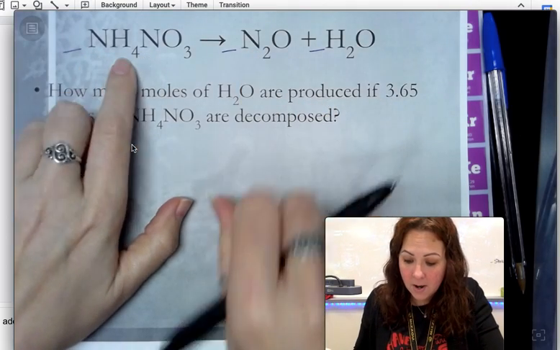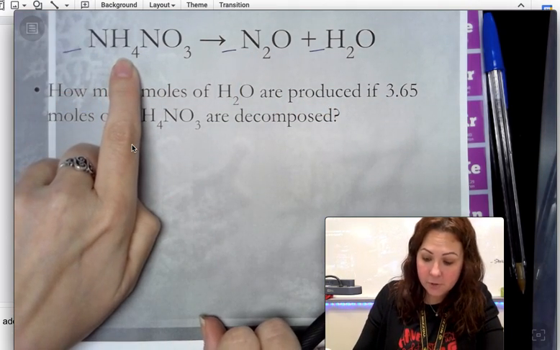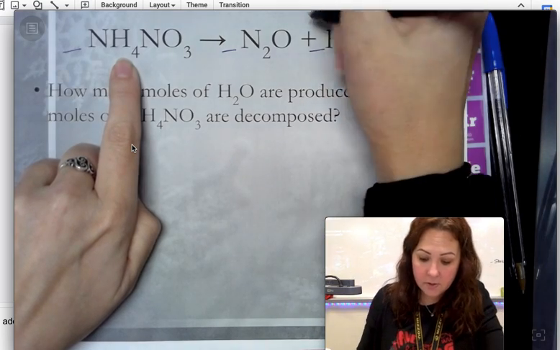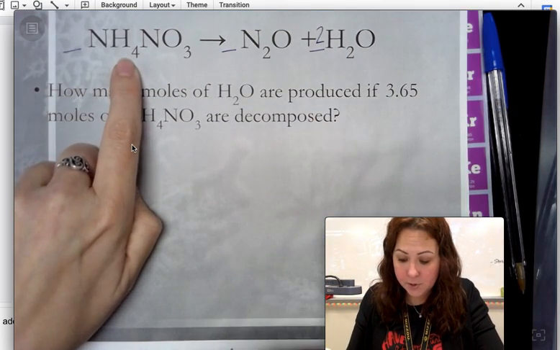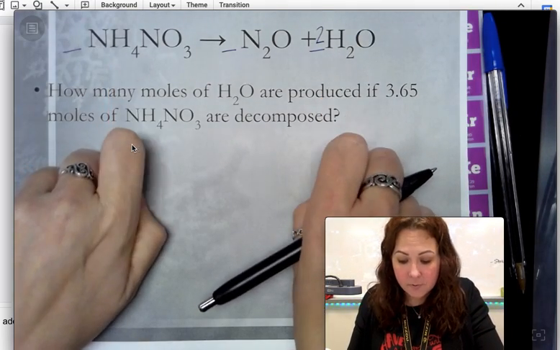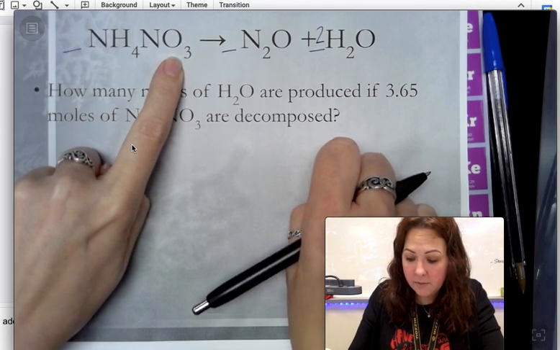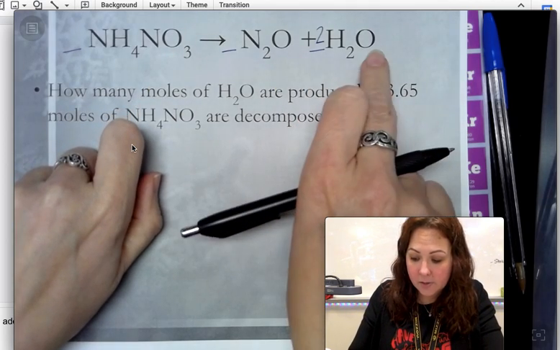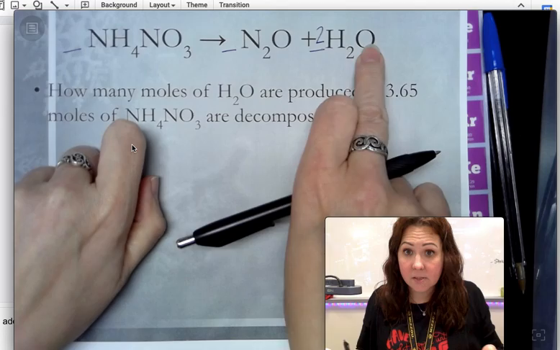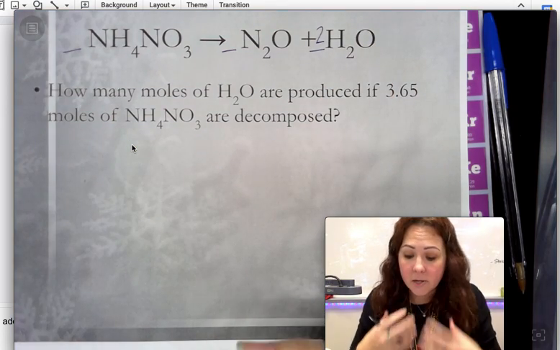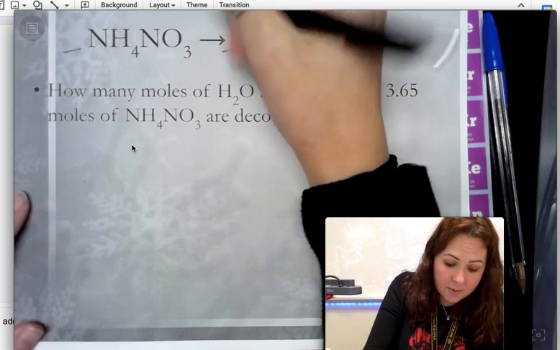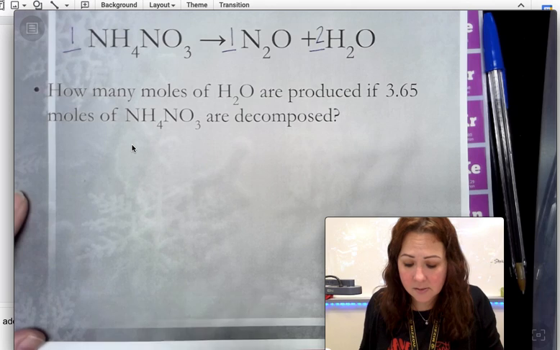I have 4 hydrogen, I need 4 hydrogen over here. So if I put a 2 right there, that gives me 4 hydrogen and 4 hydrogen. My oxygen, I have 3, and over here I have 1, and then there's 2 right here, because that 2 times 1 is 3. So that's a balanced reaction. In terms of our mole ratios, we're going to think about these as ones and not blanks.